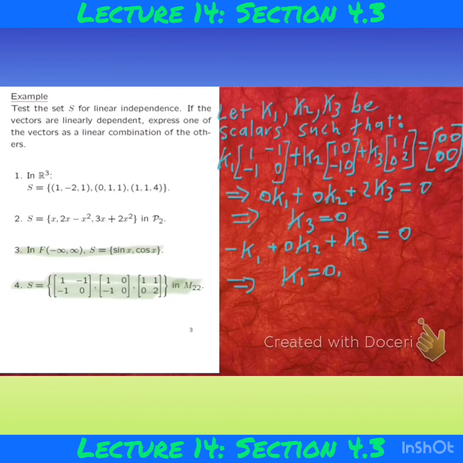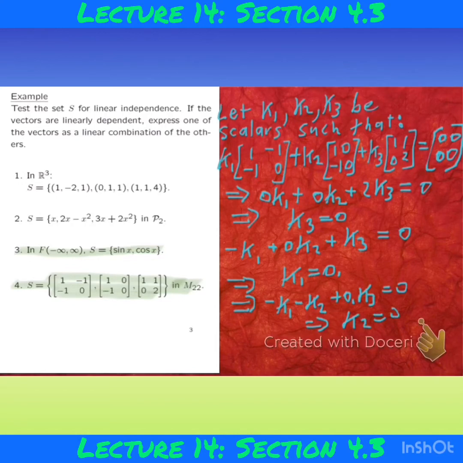And that equation is, we can also say that minus K1 minus K2 plus 0K3 must also be 0, and we know K3 and K1 are zeros, so K2 must also be 0.